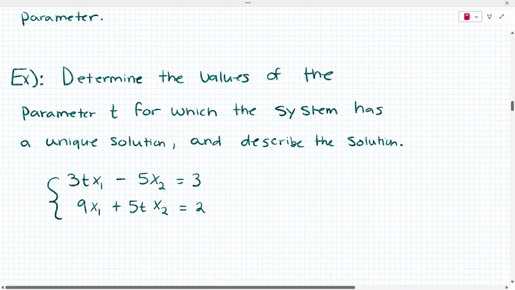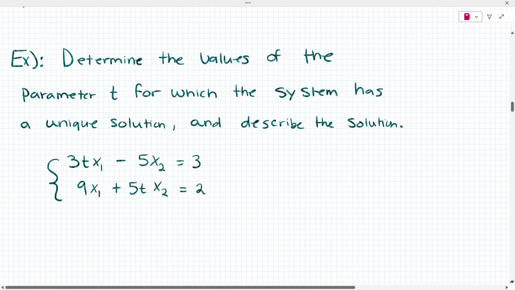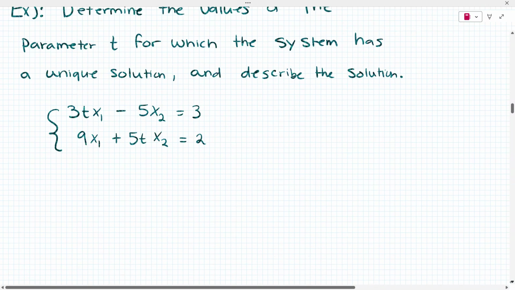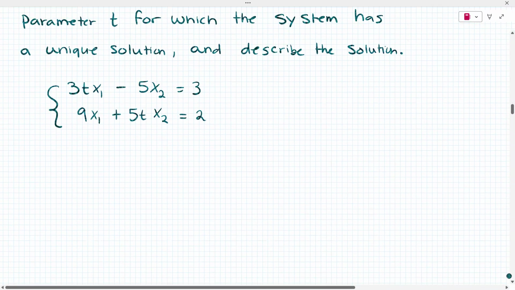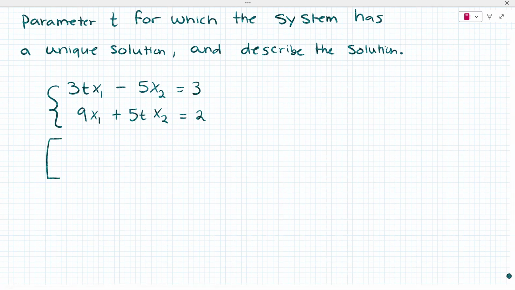Okay. So first step, this is not too bad because it's still a 2 by 2. So let's set it up as Ax = b. My matrix A is the coefficients. Looking at it vertically, the coefficient for x1: this one has a 3t. Don't forget about this t, right? And then this has a 9. And then if you look at it vertically, what are the coefficients of x2?